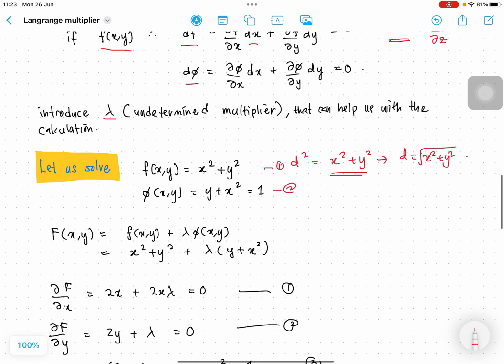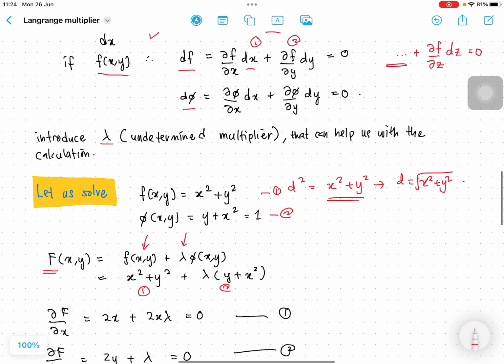So what you do with Lagrange multiplier, you use this lambda, the undetermined multiplier. You write down the total F, uppercase F, as f(x, y), and then you add what you want to minimize. You want to find the (x, y) that minimizes, and you multiply your lambda with the constraint function phi. So you get the first term and the second term.